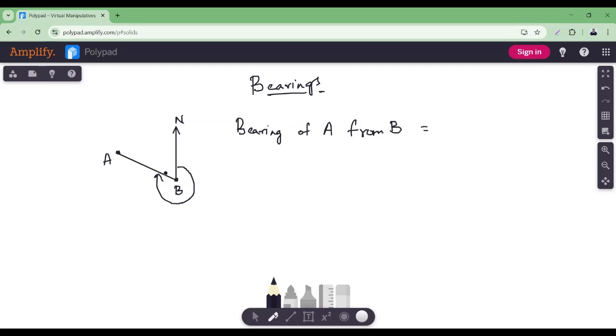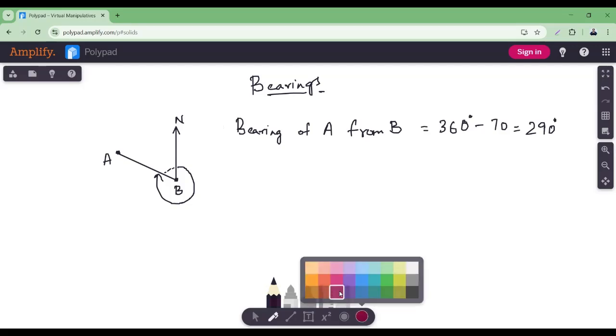I assume this entire inside one is approximately 70 degrees. So 360 is a complete angle, right? 360 minus 70 is going to give me 290. That is the bearing of A from B.